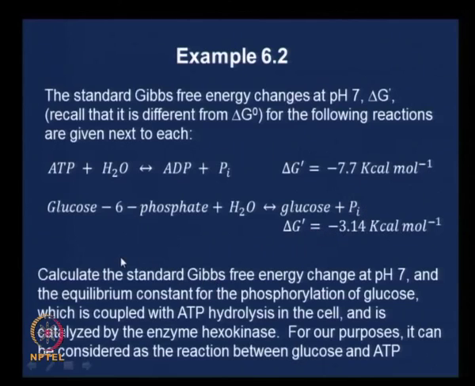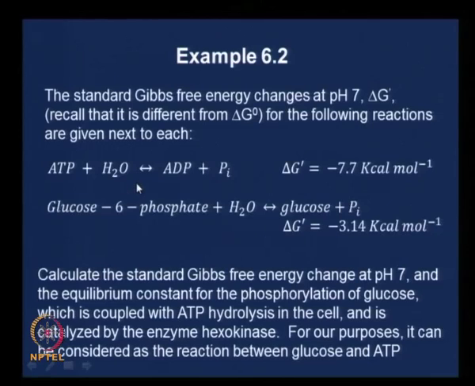Now the question here is to calculate the standard Gibbs free energy change at pH 7 and the equilibrium constant for the phosphorylation of glucose, which is coupled with ATP hydrolysis in the cell. It is a coupled reaction, the phosphorylation of glucose and ATP.